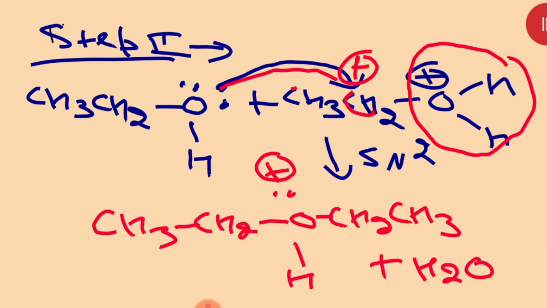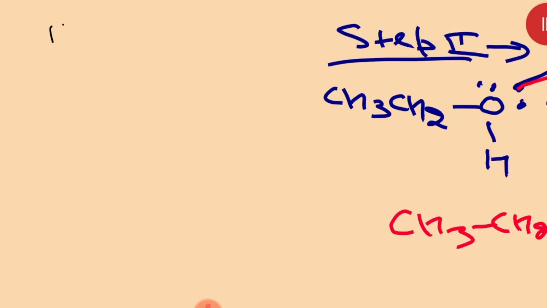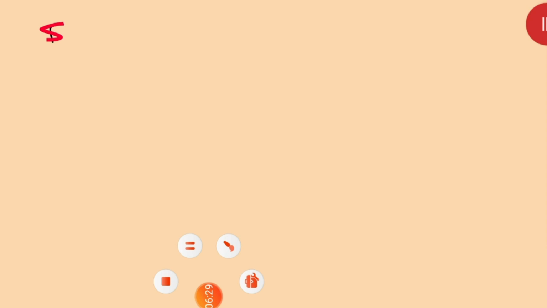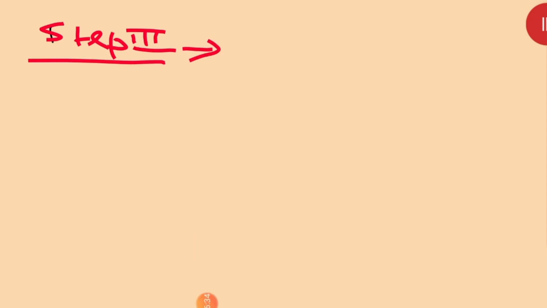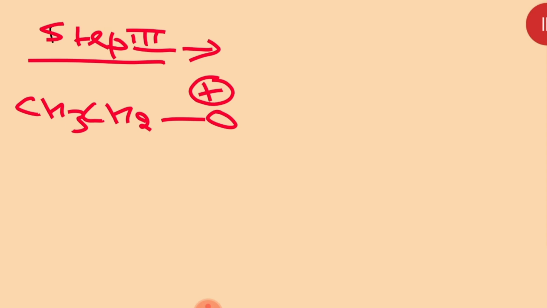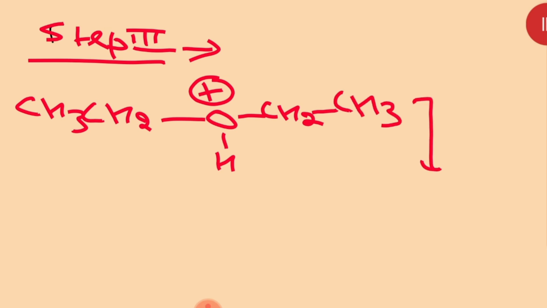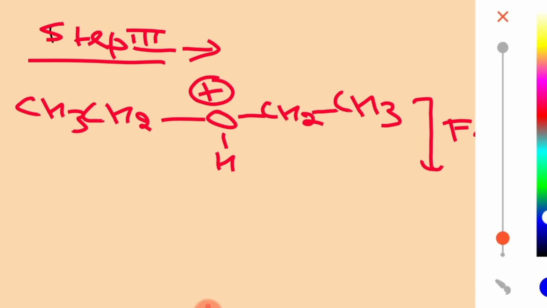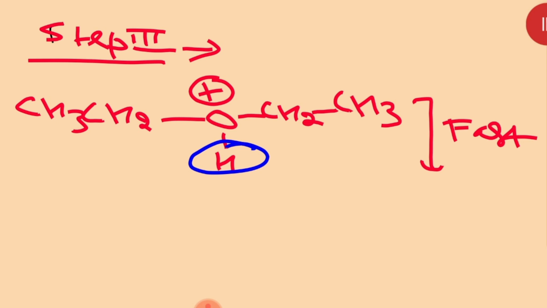Now after making this oxonium ion, we have to do the third step. In the third step, what to do there? Step number 3. Okay, you see please all of you. CH3CH2, oxygen containing a positive charge, then hydrogen, CH2CH3. Then the reaction becomes fast. And after the removal of this hydrogen, what will you get there?